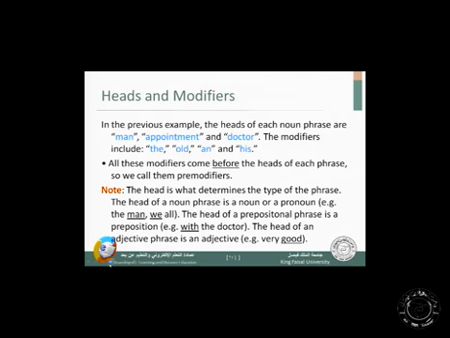So in the previous example, the heads of each noun phrase are man in the old man, appointment in an appointment, and doctor in his doctor. The modifiers are the, old, an, and his in each phrase. You notice that all these modifiers come before the head of each phrase.